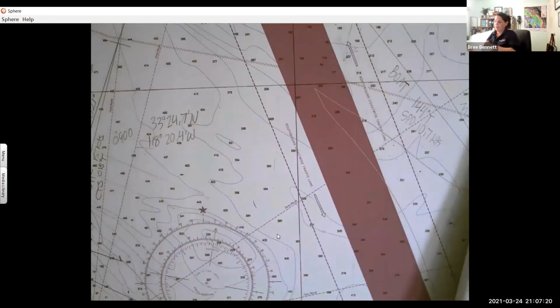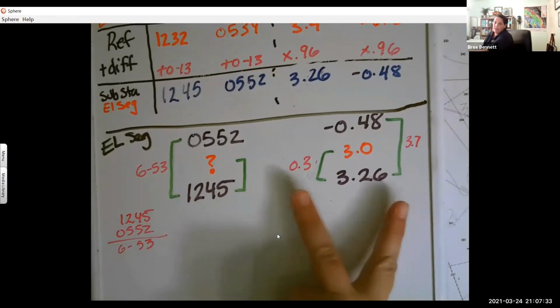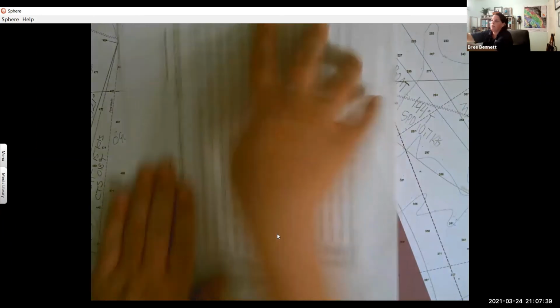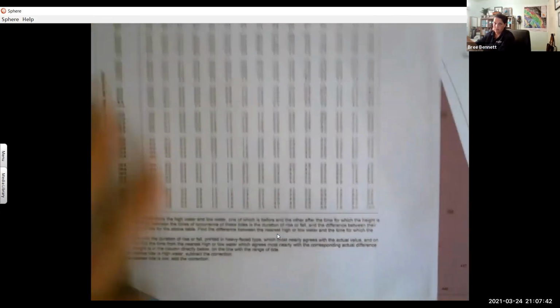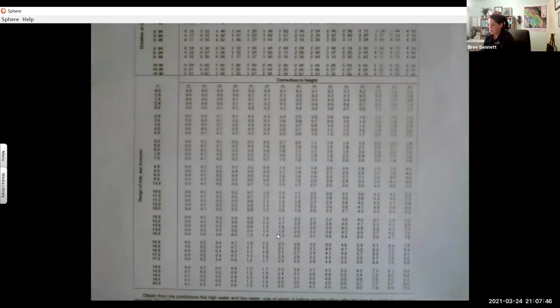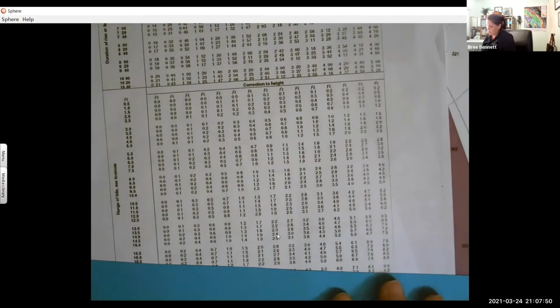Okay, so now when we go to our chart, the 2 things that we have are on the feet side. So we're going to start at the bottom half of this chart and work our way up. So we had a range of about 3.7.